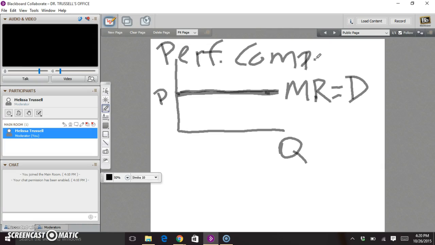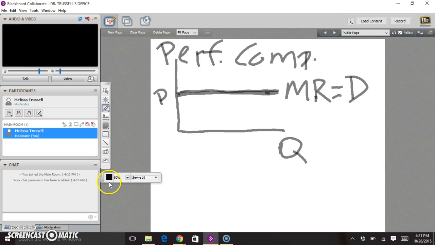But the question asks about a monopolist's marginal revenue and how that relates to demand. So we know that in a perfectly competitive market, our marginal revenue equals our demand curve, because demand tells us consumers' willingness to pay, and consumers are always willing to pay that price that's set by the market, and that price is our marginal revenue.